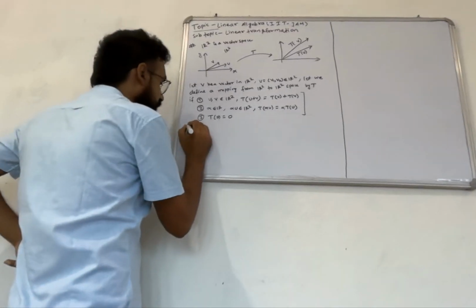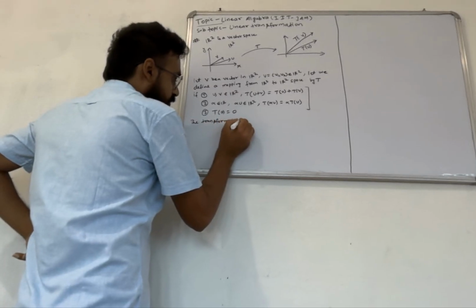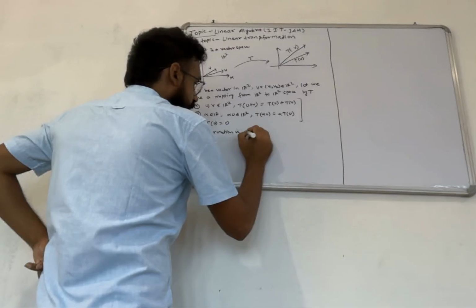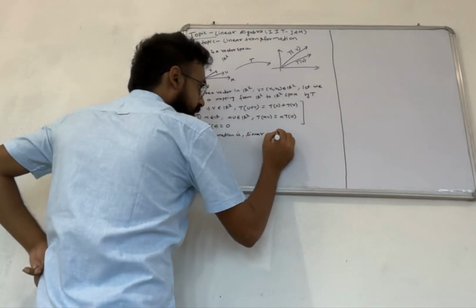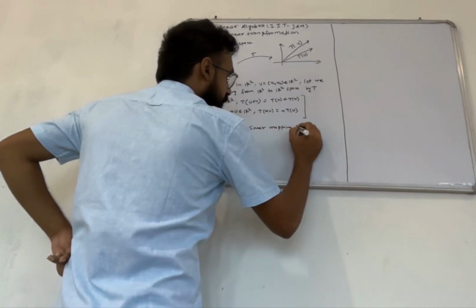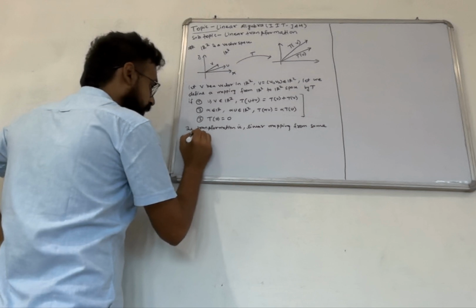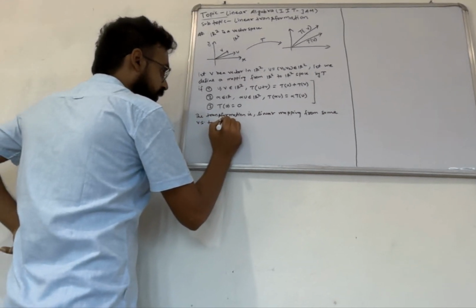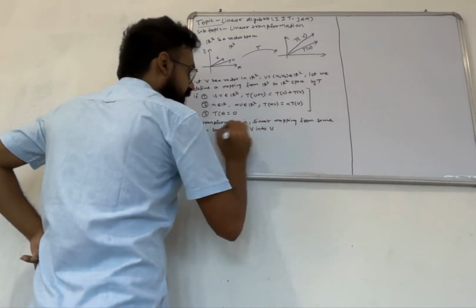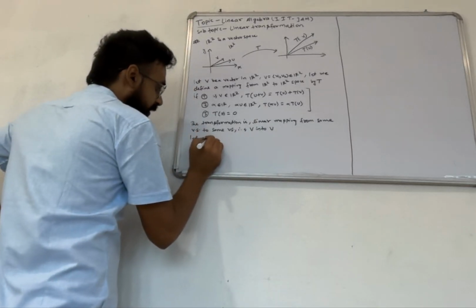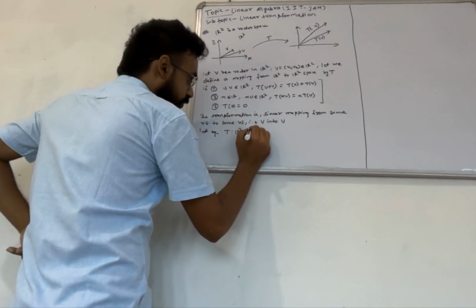A transformation is a linear mapping from the same vector space to the same vector space, that means V into V. For example, we have T such that R2 to R2.